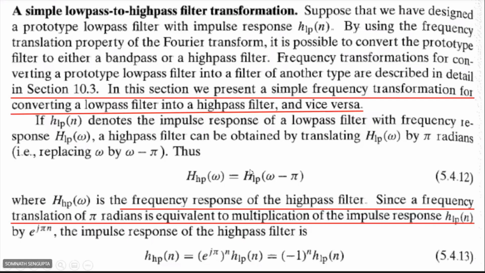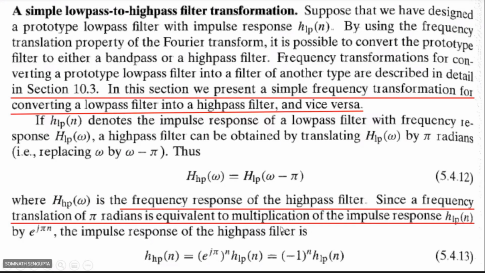Now, if this is the formula where we are translating the frequency variable, then according to the property of the Fourier transform, or Z transform, what happens if the frequency variable is shifted by some value? What effect is there in the time domain? In the time domain, it will be multiplied by e to the power j pi n.